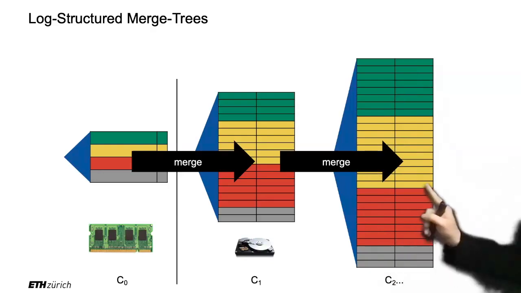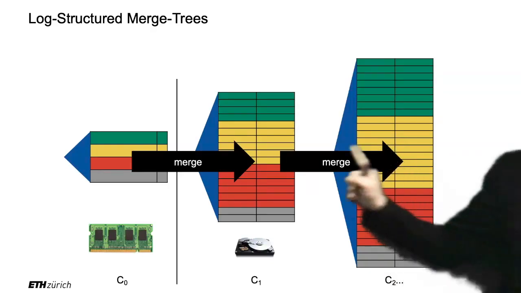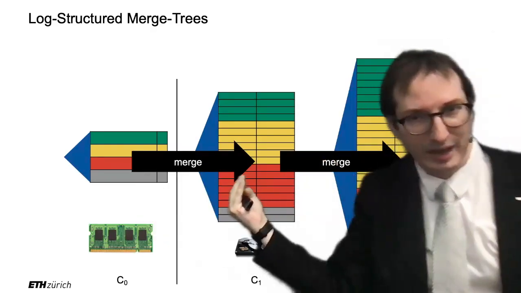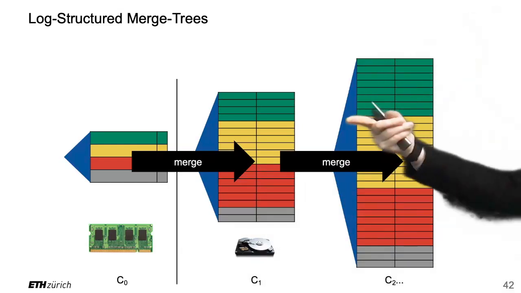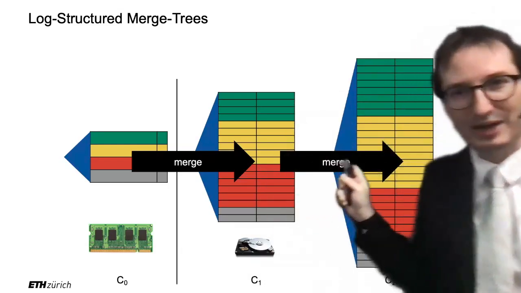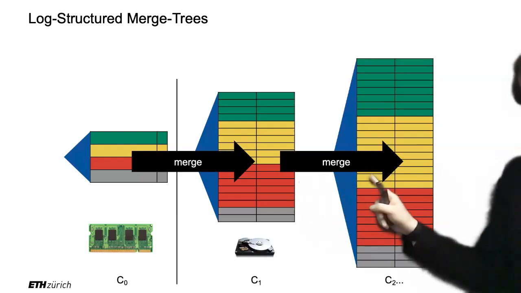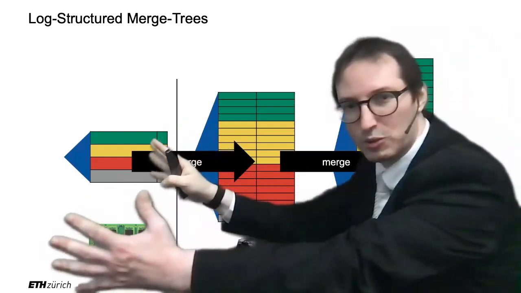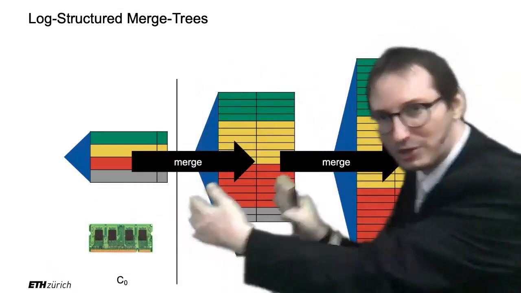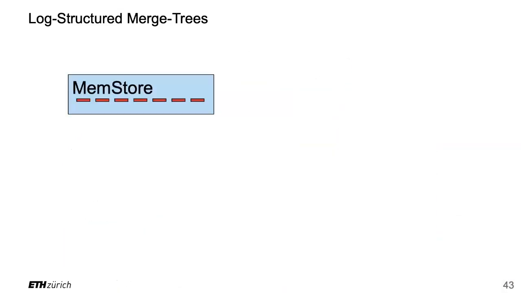The next level is what has been compacted out of this one. So you flush and you compact, and there can be even more levels because you might even compact and compact again, right? And they grow even larger and larger. So this is what the log-structured merge tree is, right? And again, imagine this is the MemStore. This is when you flush, and this is when you compact.